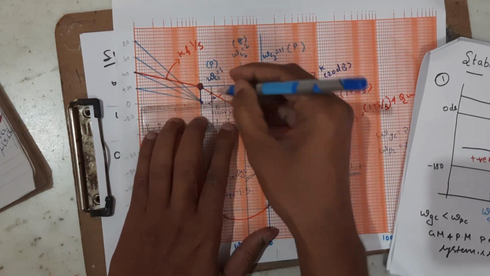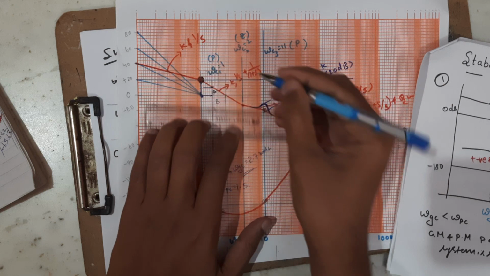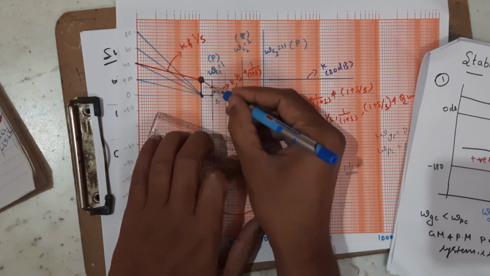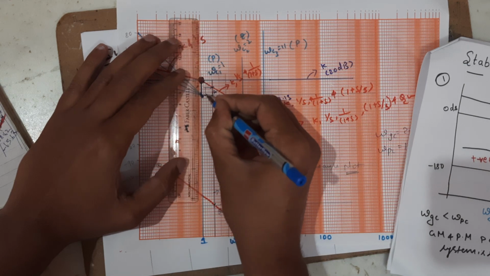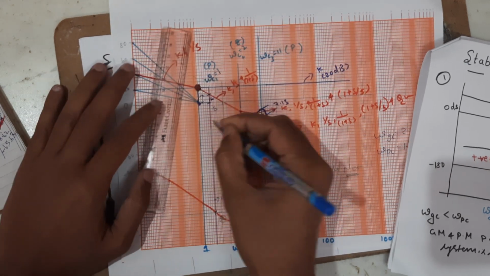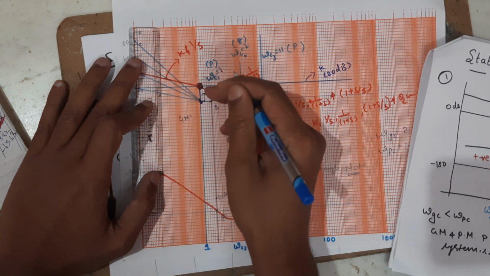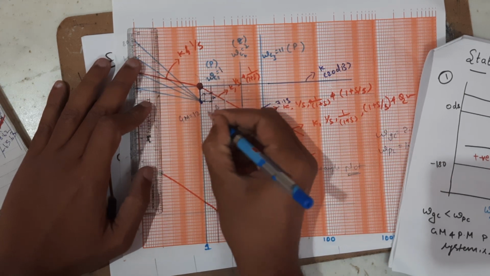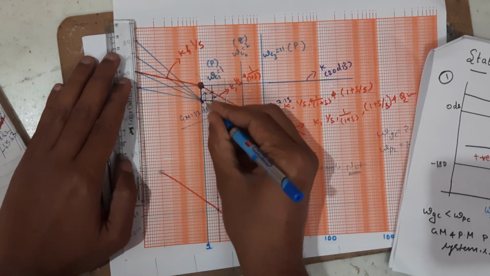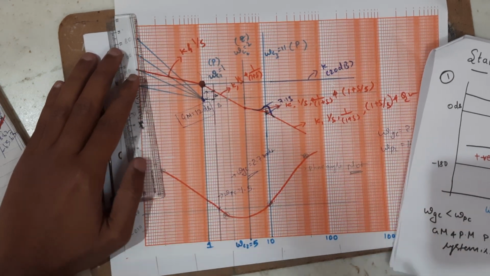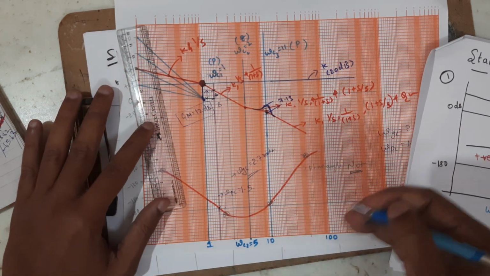Take the measurement, how many boxes? Approximately this is the gain margin, approximately 12 dB. Gain margin is how much? 12 dB. Now I need to find out the phase margin.